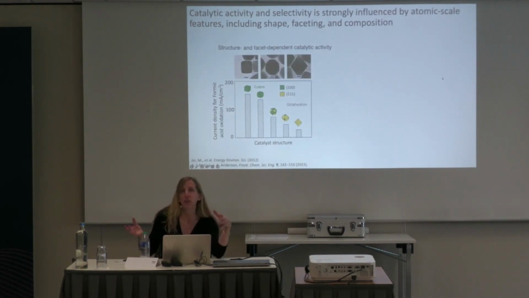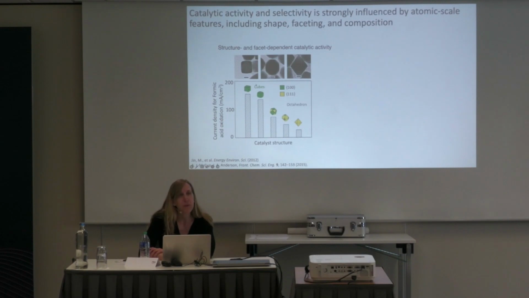So why don't we just shrink down the size of the metal nanoparticle to improve catalytic activity? Well, it's because as you start reducing the size, even though your catalytic activity goes up, you have to think about the structure and facet dependence of the nanoparticles as well. So here's an example that shows what the catalytic activity is for formic acid oxidation on nanoparticles of different crystallinities.